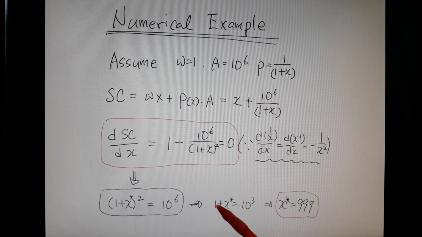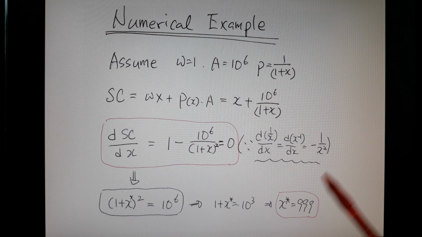We can rewrite 1 plus x star should be 10 to the power of 3, which means 1000. So x star should be 1000 minus 1, that is 999. So what's the meaning of 999? I don't know, but this is how you find out the optimal level of precaution if this numerical example is given to you in the exam.